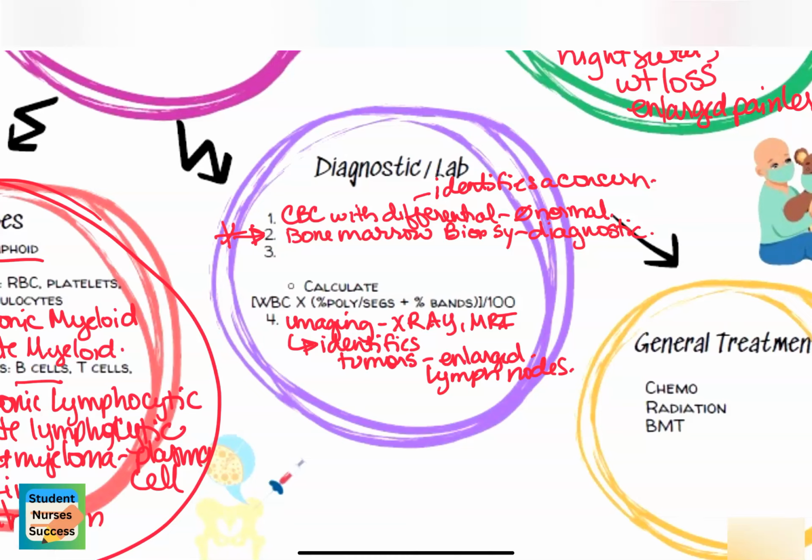The third lab test that you're probably going to see drawn is what's called an ANC count. It's an absolute neutrophil count. Now, ANCs are actually a reflection of risk of infection.